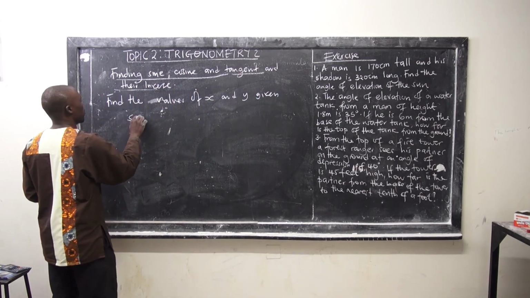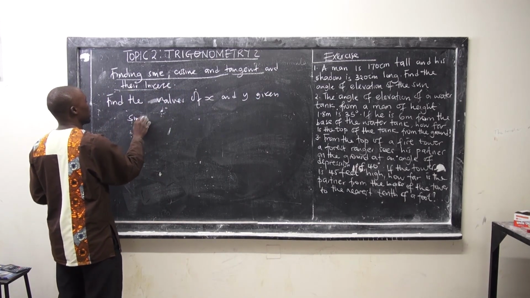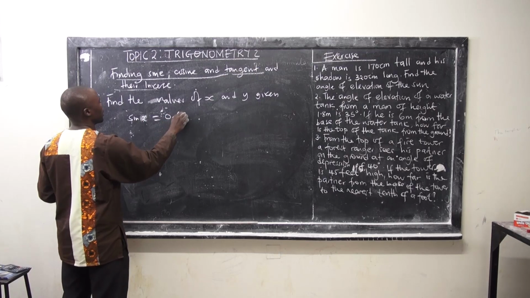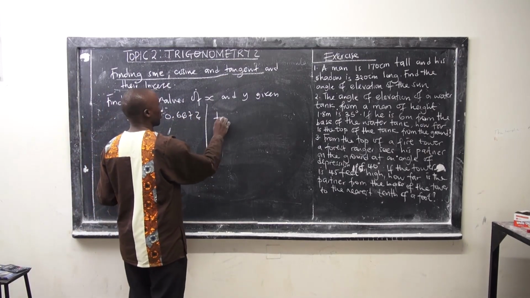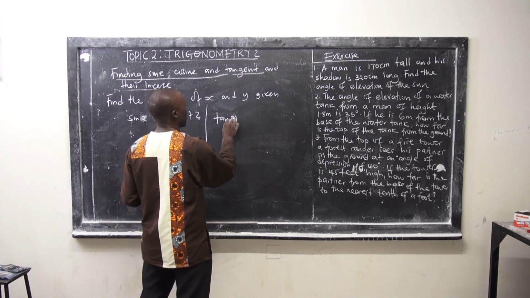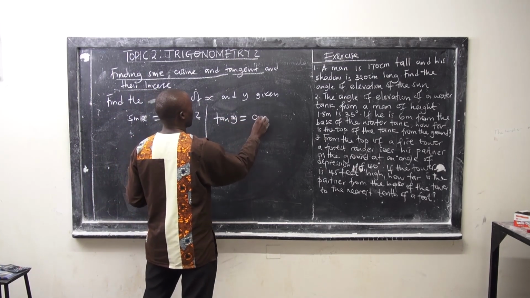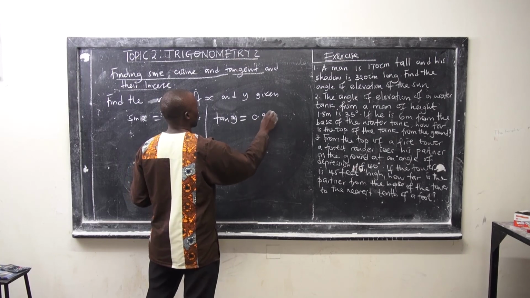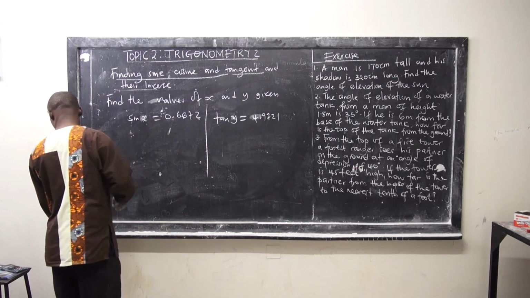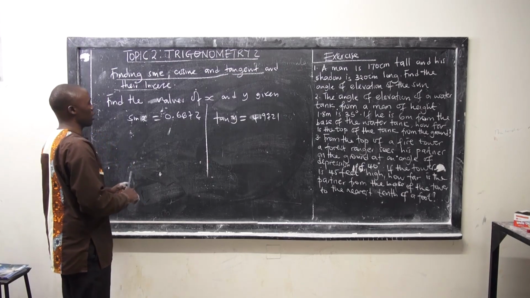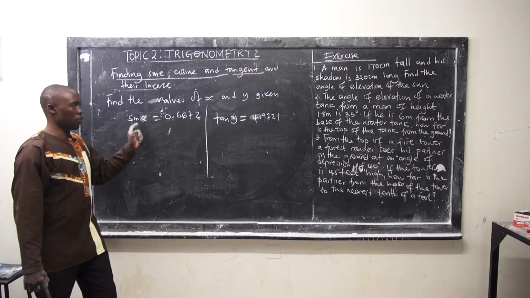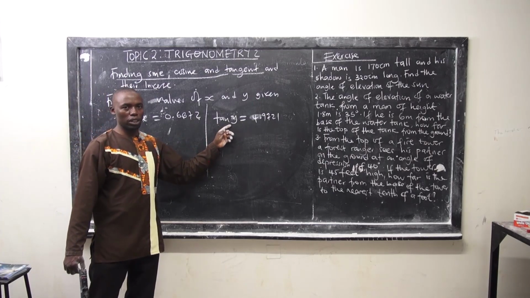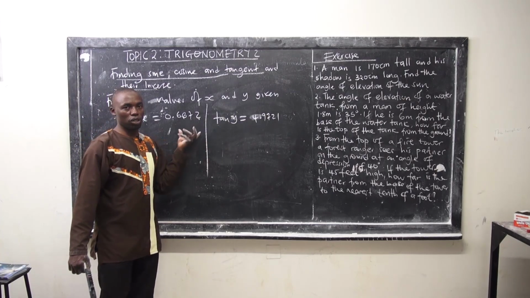So I can give you sine x is equal to 0.6672, then tan y is equal to 4.9721. So to find the inverse, we are putting into consideration that both x and y are only acute. It's when they are only in the positive quadrant.